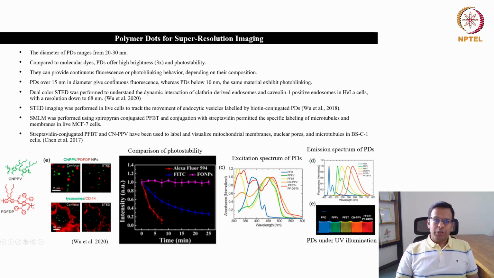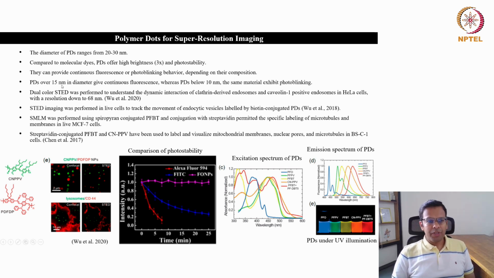They can provide continuous fluorescence as well as photoblinking behavior depending on their composition. Polymer dots over 15 nanometers in diameter give continuous fluorescence, whereas below 10 nanometers the same material exhibits photoblinking. So it is size dependent as well as composition dependent.